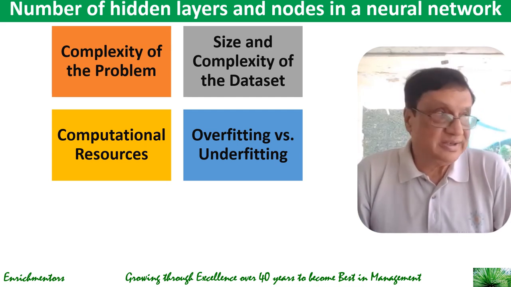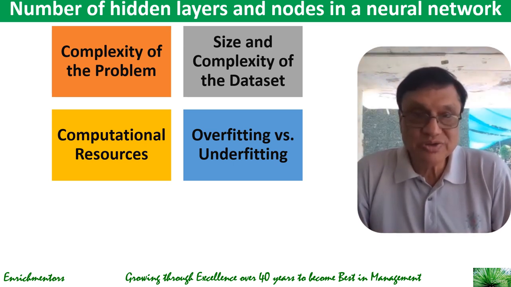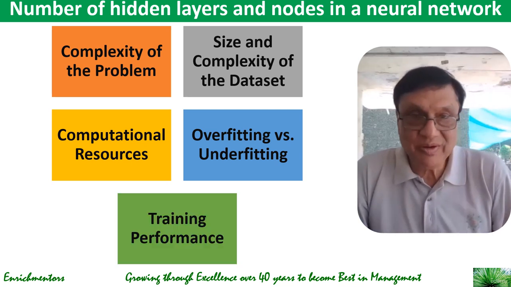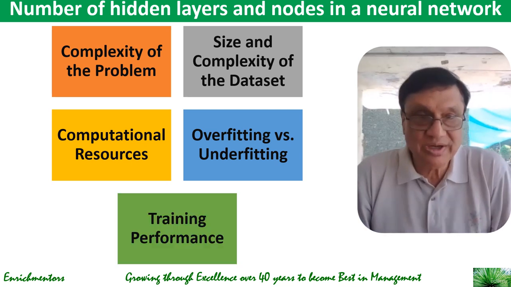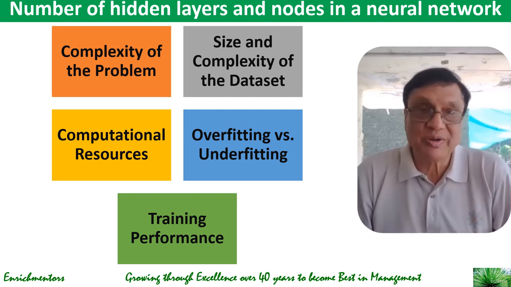Adding more hidden layers can increase the capacity of the model, potentially reducing underfitting. However, it may also increase the risk of overfitting, especially if the data set is small or noisy. And lastly, the training performance. Deeper architectures with more hidden layers may require more training time and more careful hyperparameter tuning to achieve good performance.